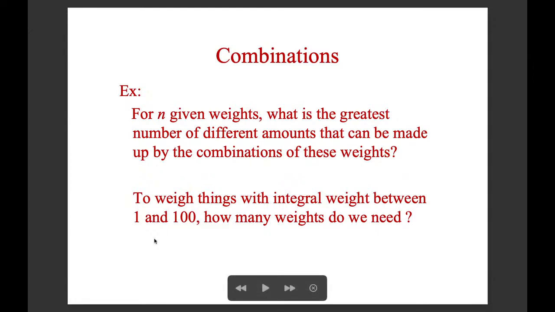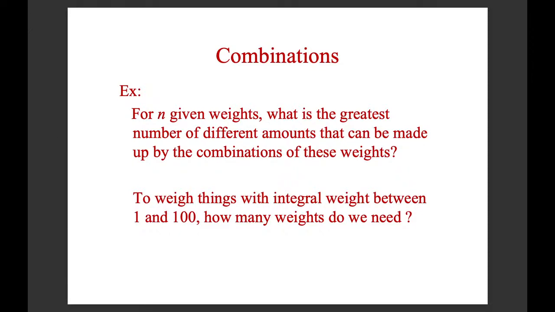But a related question here is that suppose that this time you can design the weights that you are going to use. And our target is to measure objects whose weight is an integer between 1 and 100. So the objects could be of 1 unit or 2 units up to 100 units of weight. Is it possible to design the pieces so that we can measure any of these?